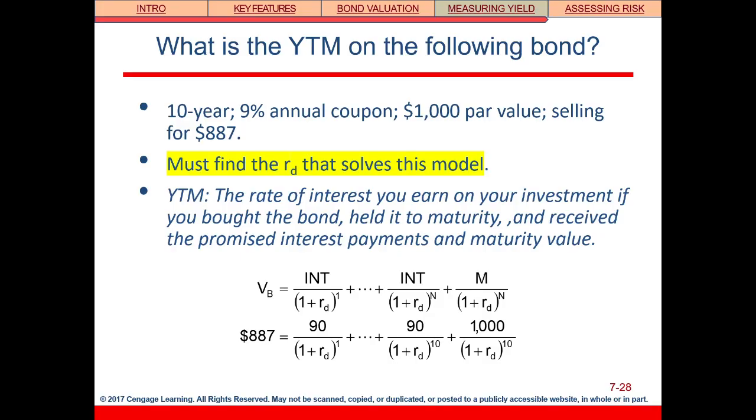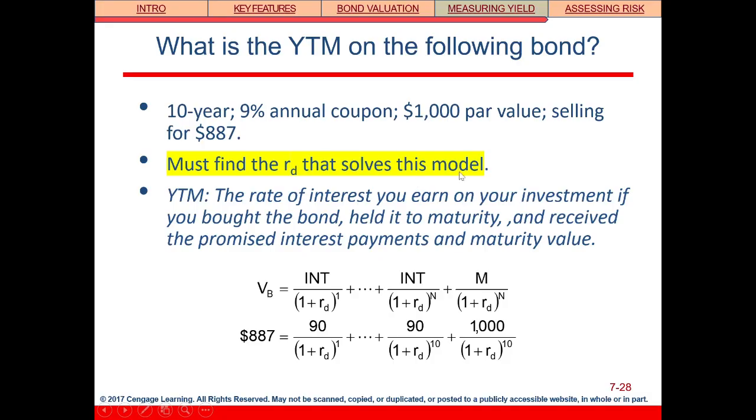You pay the price for the bond, which is the present value. So if you put in all the input for the four variables, then the I/Y is going to be the yield to maturity. That's the rate of interest you earn on your investment. So that's the discounting rate that solves this question.